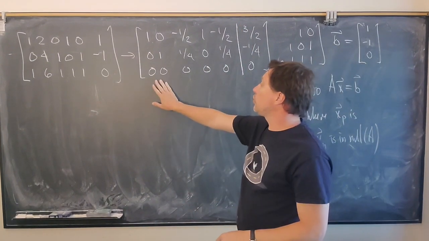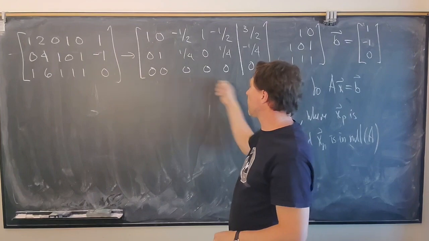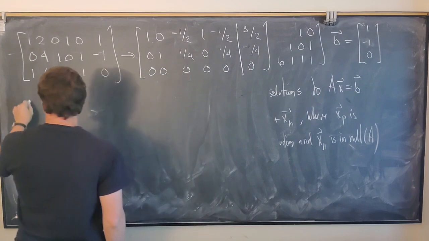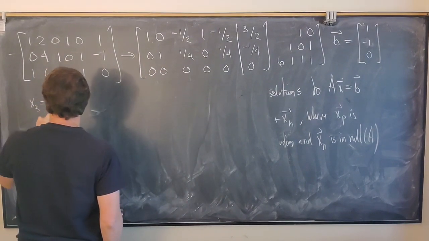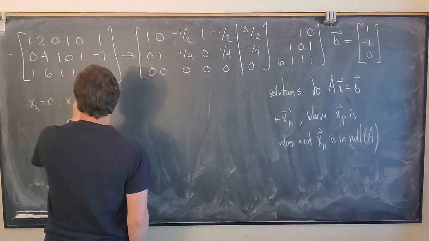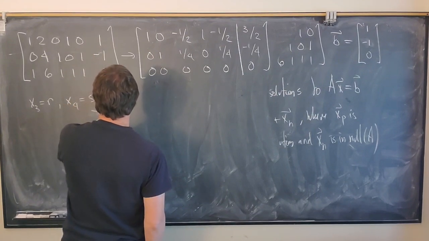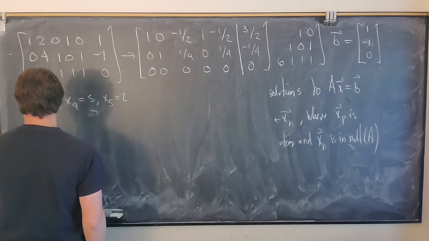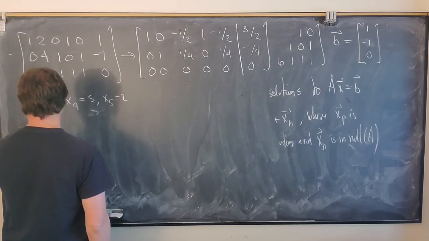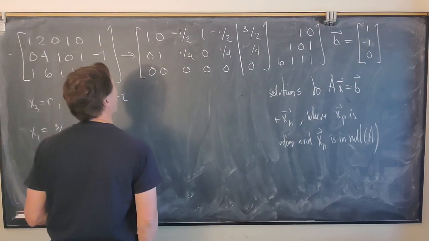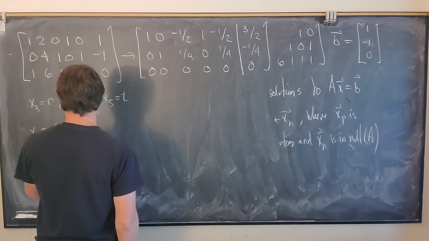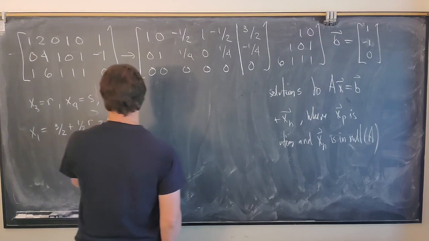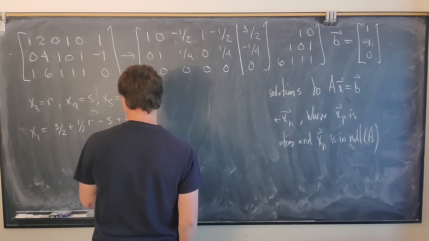We've got 2 leading ones, which means that we've got 3 free variables. So let's write these out: x3, let's call r. x4 is going to be s, and x5 is equal to t. And then we have x1 is equal to 3 halves plus 1/2 r minus s plus 1/2 t.